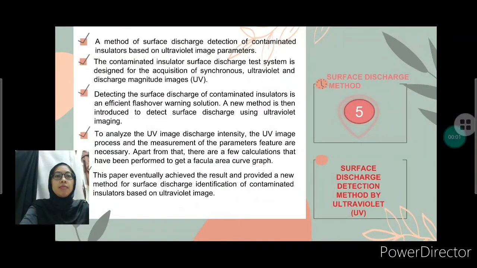Surface discharge method 5: surface discharge detection by ultraviolet, UV. A method of surface discharge detection of contaminated insulators based on an ultraviolet image barometer.